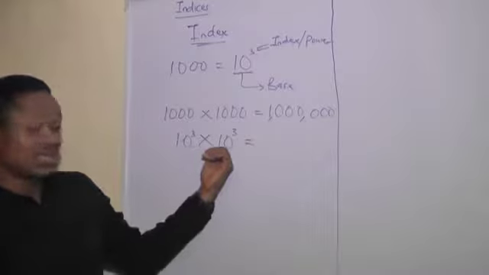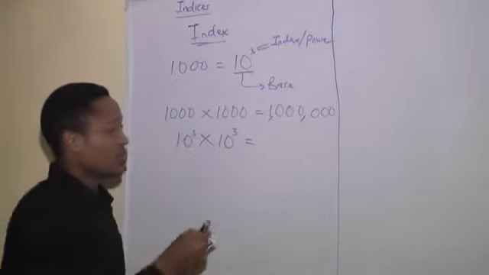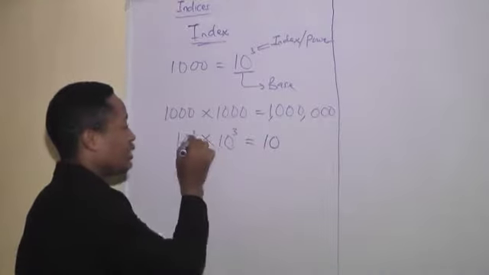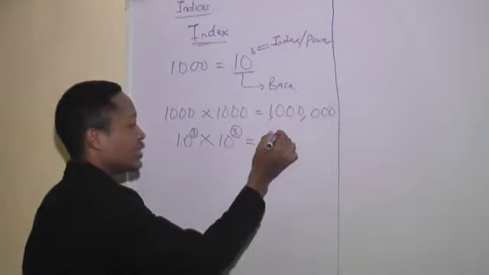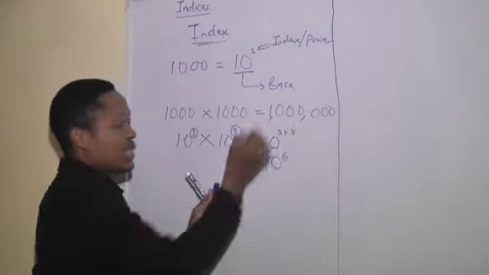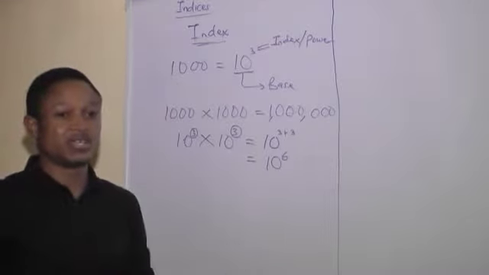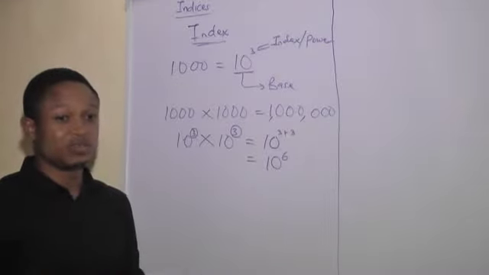Numbers that are in this index form, how do we solve them? Since they have a common base, we take out one of the base and add up our powers, or the index, 3 plus 3, which will still give us 10 to the power of 6, which is the same as our 1 million. So this brings us to the first law of indices, which is called the multiplication law.